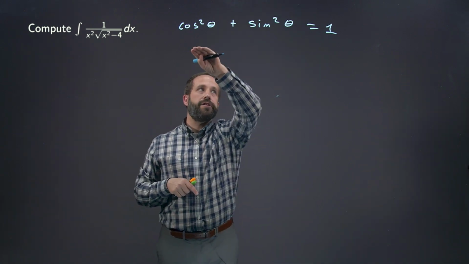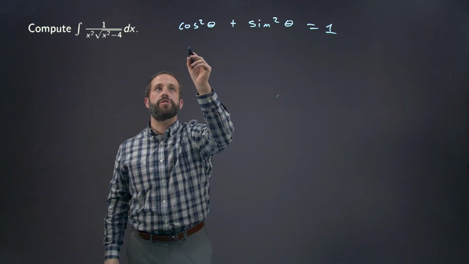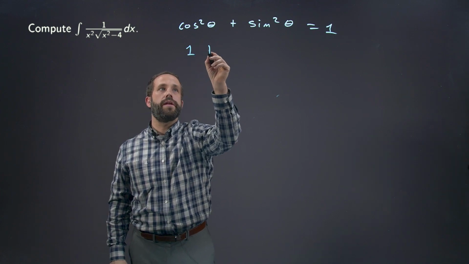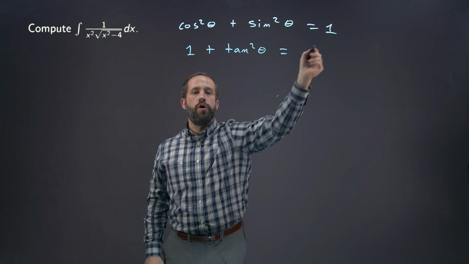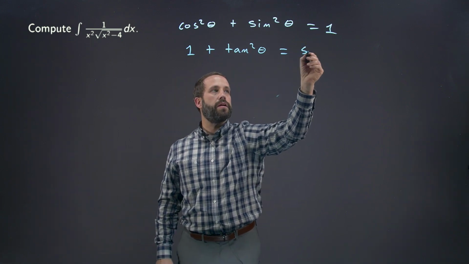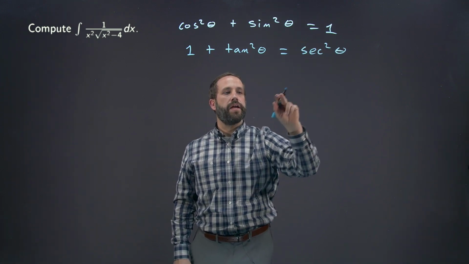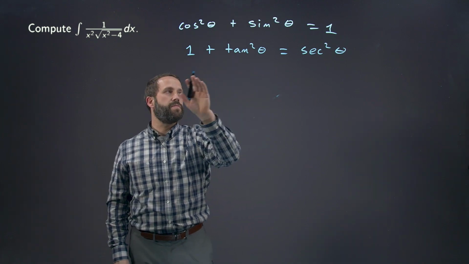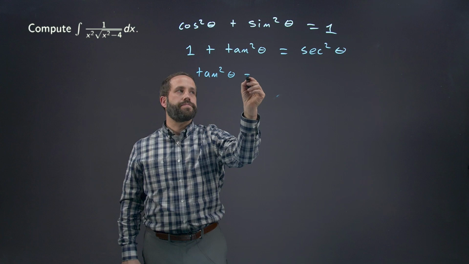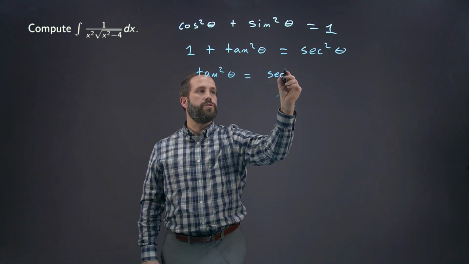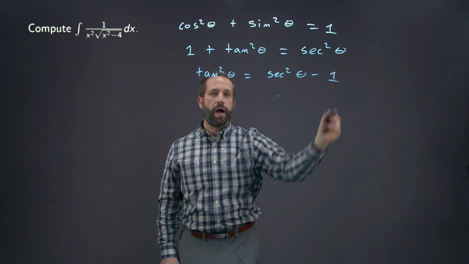So then the next thing that I do is divide this equation by cosine squared, in which case I'll get 1 plus tan squared theta. When I divide 1 by cosine squared, this gives me secant squared theta. And now this gives me tan squared theta is equal to secant squared theta minus 1.